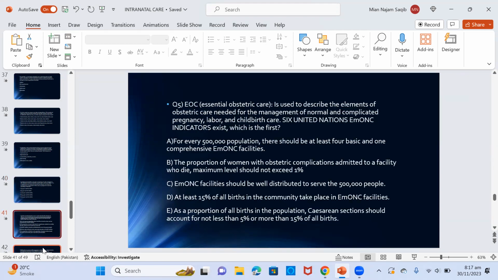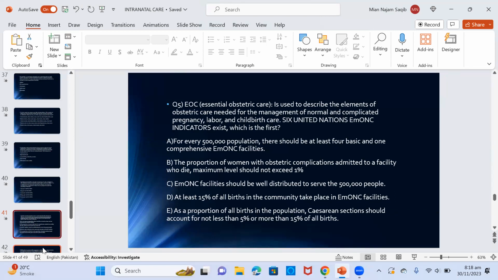Question 5. Emergency obstetric care is used to describe the elements of obstetric care needed for management of normal and complicated pregnancy, labor, and childbirth. 6 United Nations EmOC indicators exist. Which of these is the first? A. For every 500,000 population, there should be at least 4 basic and 1 comprehensive EmONC facilities. B. The proportion of women with obstetric complications admitted to a facility who die should not exceed 1%.